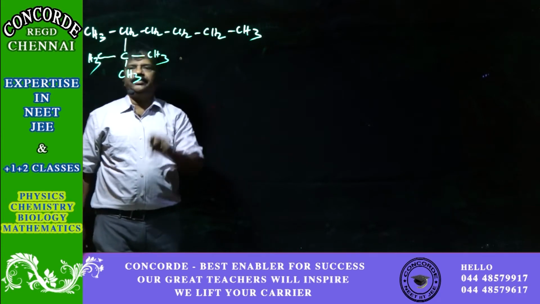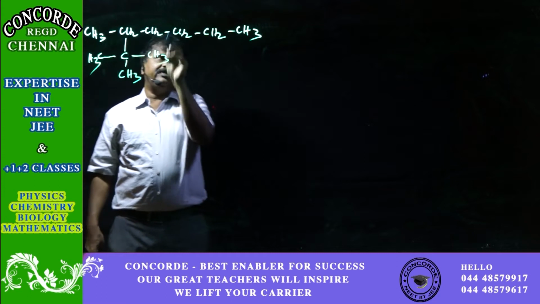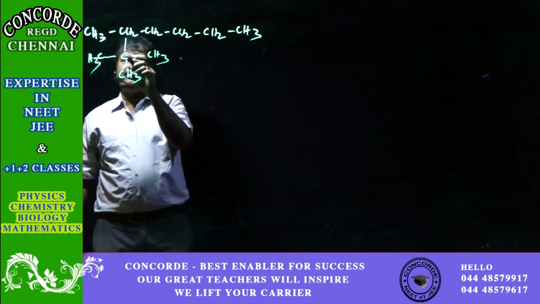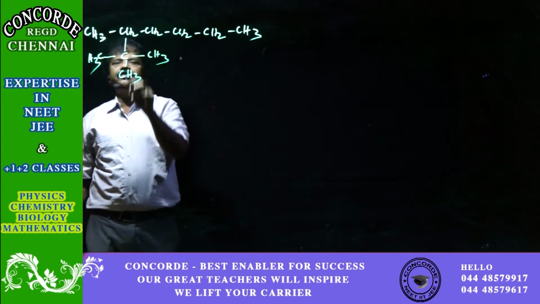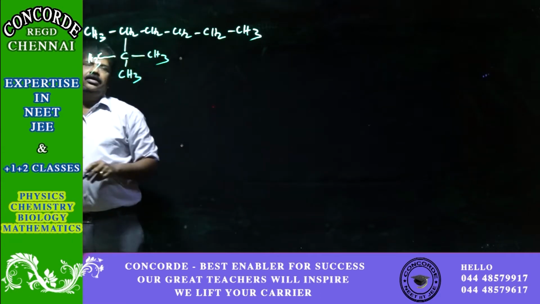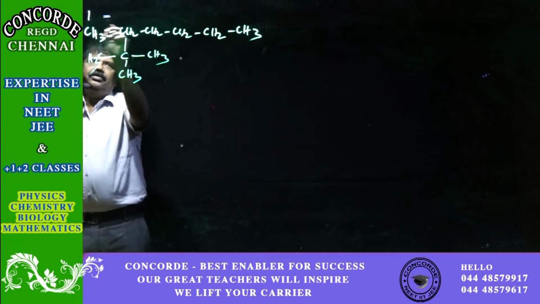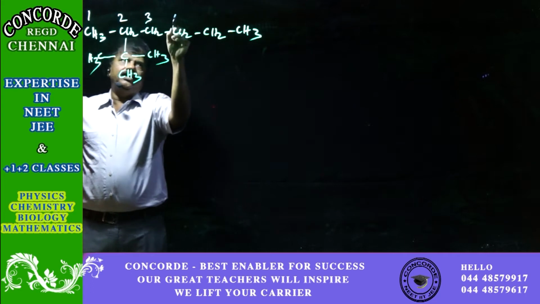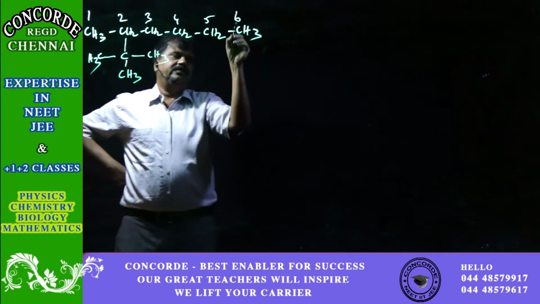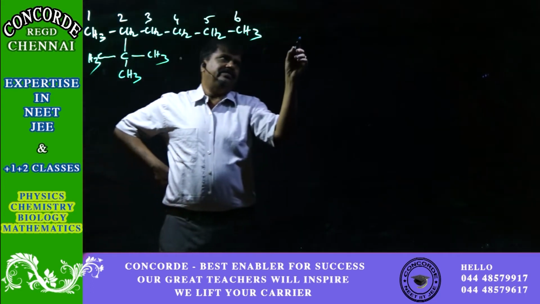Wherever the branches are concerned, we have to give importance to the branching, the number of the branching, 2, 3, 4, 5, 6. So if it is a 6, it becomes hexane.